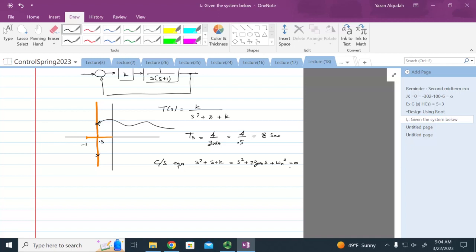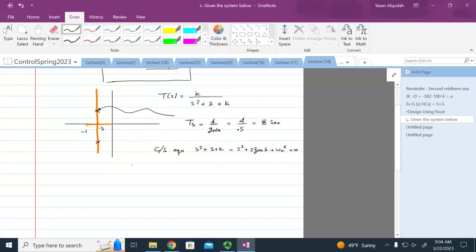Let's say that we are asked the system is required to have omega n that is equal to 4. And let's say that that requirement is coming from the rise time.